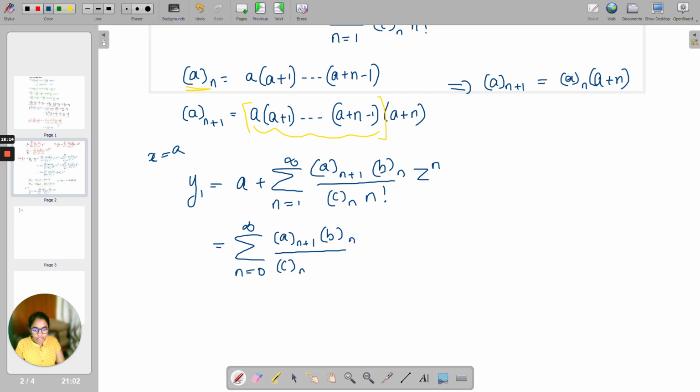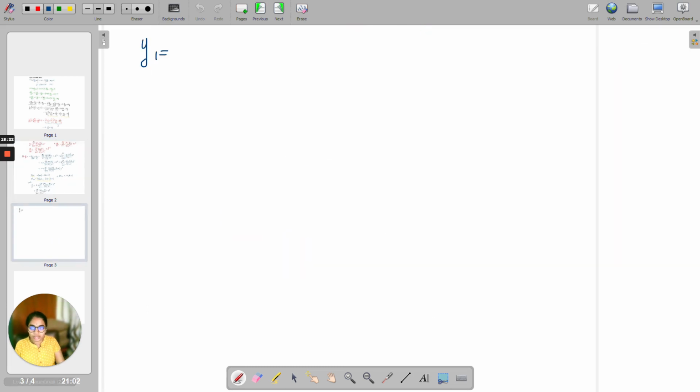Now, if you want, you can cross check. You give n equals 0 and check if you get back a. So now what is y1? y1 is the sum from n equals 0 to infinity of a(n+1) b_n divided by c_n n factorial into z power n.